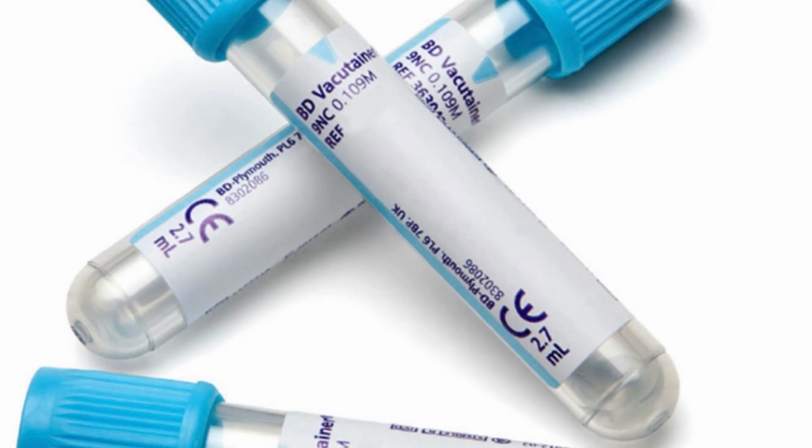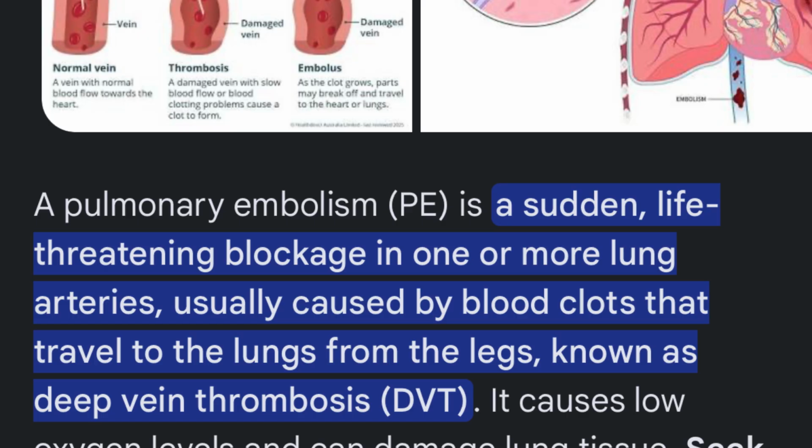For the light blue top tube, we have different types of tests, which are the PT, PTT, and the D-dimer. It includes more tests, but we're going to elaborate on the PT, PTT, and the D-dimer. D-dimer is used to rule out active blood clots such as DVT or PE.